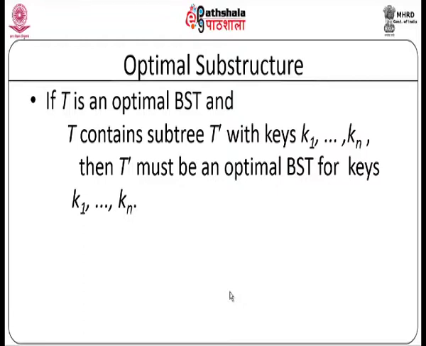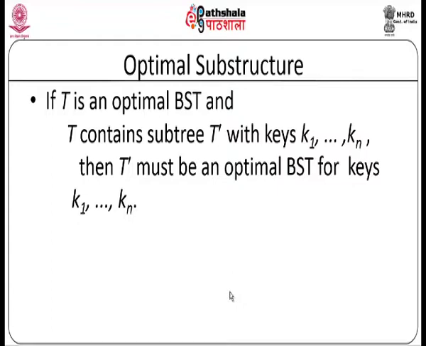What is the optimal substructure? Probably you can recollect we were talking about this as part of the principle of optimality, which tells us that the optimal solution for a problem contains the optimal solutions for all the subproblems that are contained within this particular optimal problem.